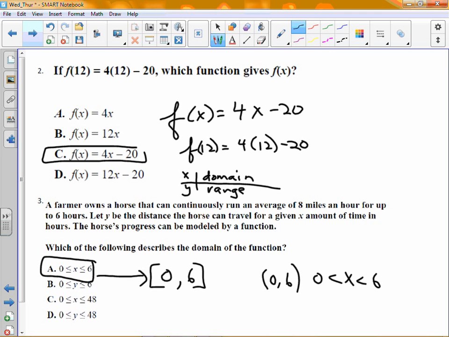How do you get them both in there? 0 is less than x is less than or equal to 6. So over there with 0, what am I going to use, a parenthesis or a bracket? Parenthesis, and then 6 bracket. Guys, this is interval notation. It's called interval notation for that thing right there.